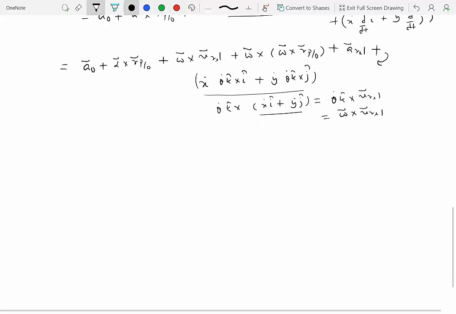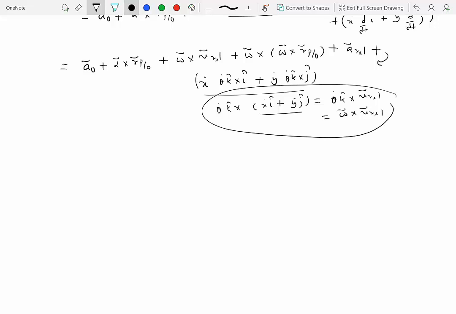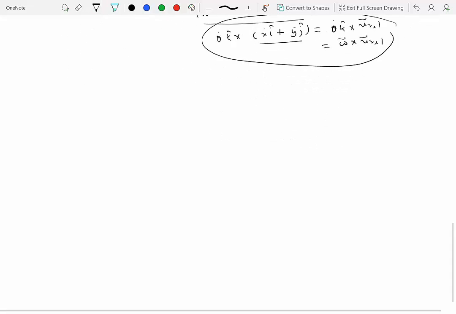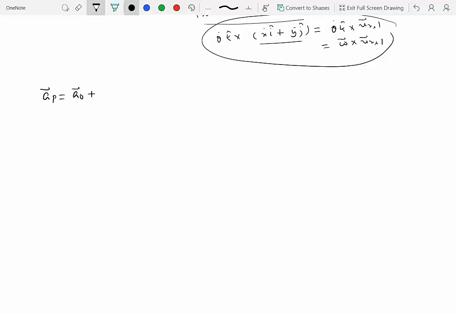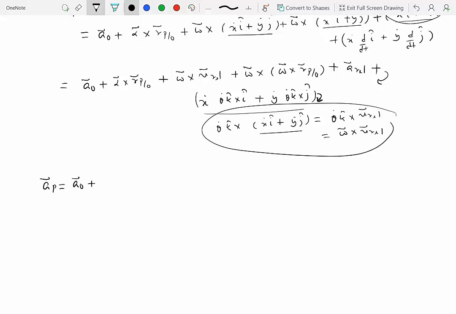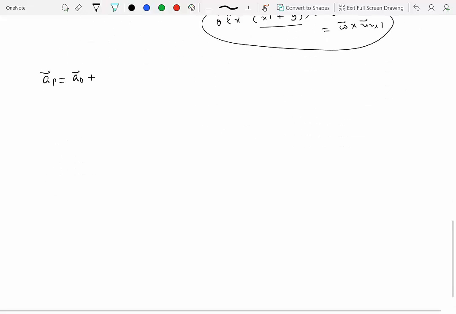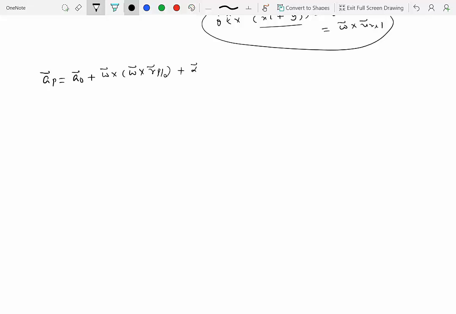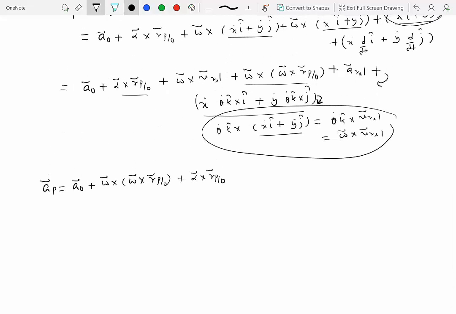So now let's combine all these terms. Remember, all this stuff over here is basically coming from this term right here. Okay, so the final equation is acceleration of p is equal to acceleration of O plus, I'm going to write this two cross product term first, just because this is the convention. Okay, so that's your third term right over here.